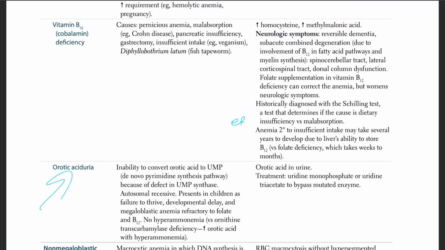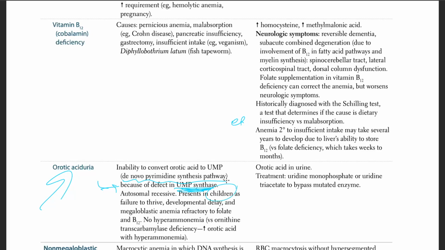So let's talk about orotic aciduria. Orotic aciduria is the inability to convert orotic acid to UMP in the de novo pyrimidine synthesis pathway, because of a defect in UMP synthase. There's an enzyme defect, which is UMP synthase. It is an autosomal recessive disease.